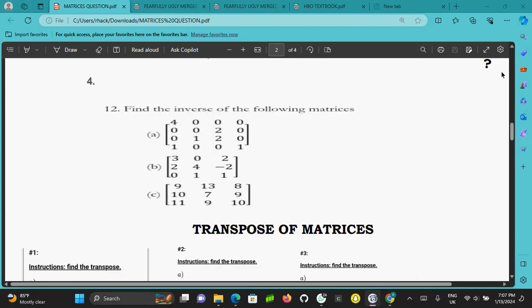This is a 4 by 4 matrix. So it is not part of the syllabus. All right, so let's try and then solve this. Can we do it? Yeah.